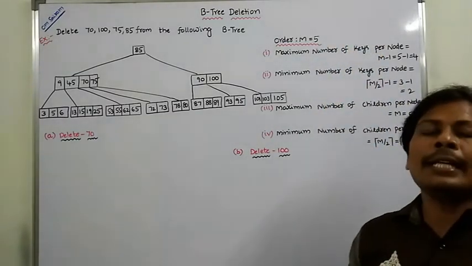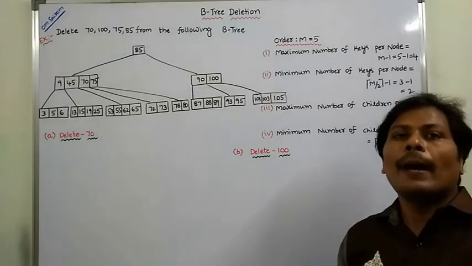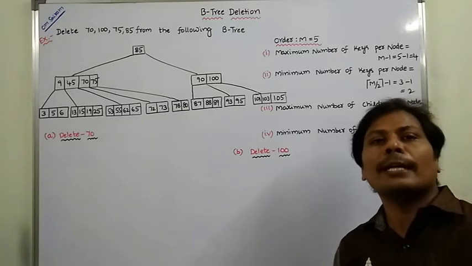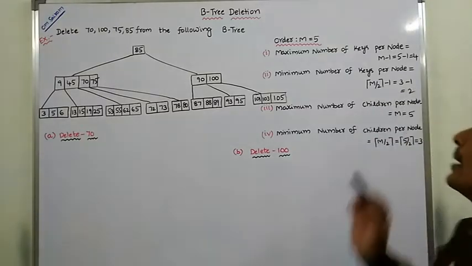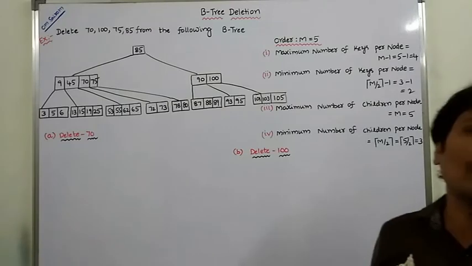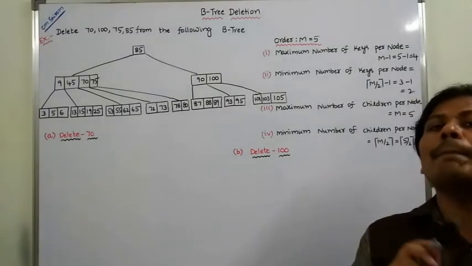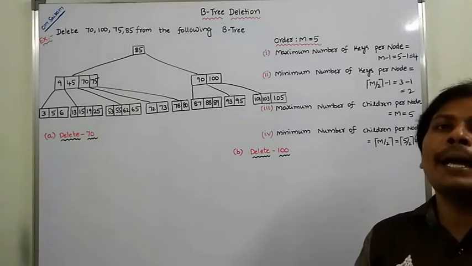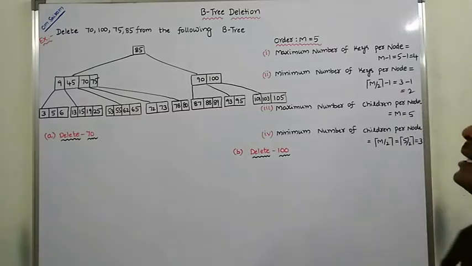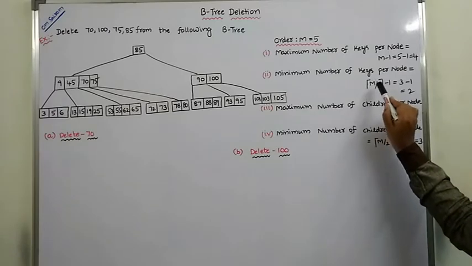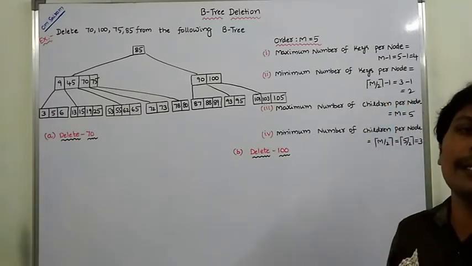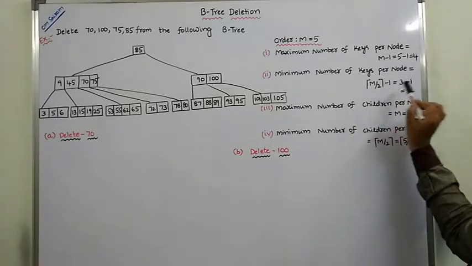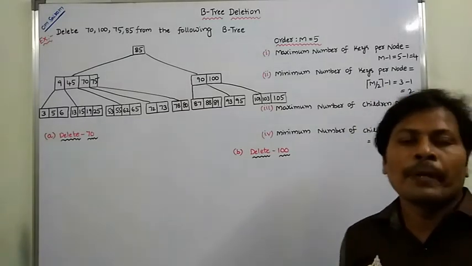Each node has a maximum number of key elements equal to M minus 1, that is 5 minus 1, which is 4. The minimum number of key elements for a node is ceiling of M by 2, minus 1. Here, M by 2 is 5 by 2, which is 2.5. The ceiling of 2.5 is 3, and 3 minus 1 is equal to 2.